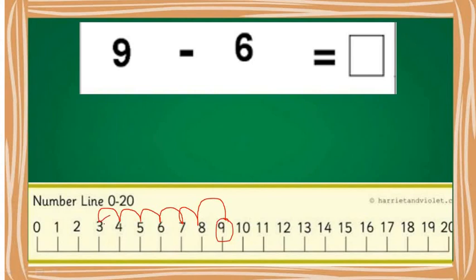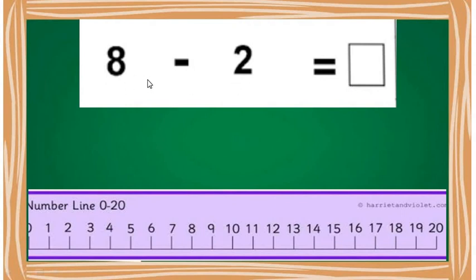Stop. Okay. Where we reach? We reach at number 3. By doing this sum with the help of number line, we can say that 9 minus 6 is equal to 3.